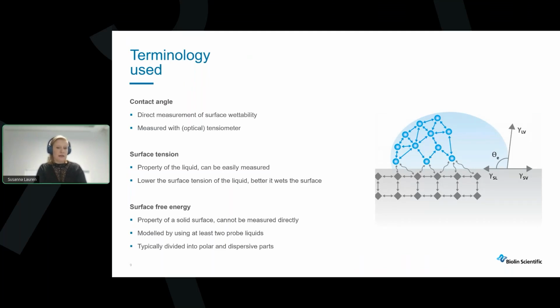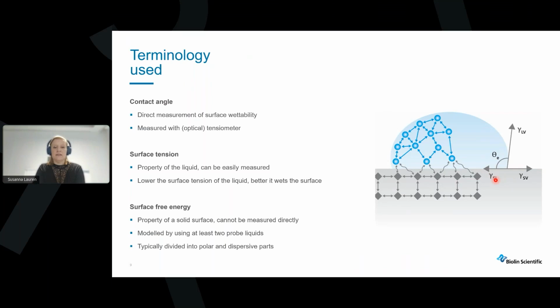So if you look at the picture here, you can see that we have a drop of water, or let's say water in this case, placed on the surface, and it takes this spherical shape on the surface. And here we have a three-phase contact point where the solid, liquid, and gas meet.